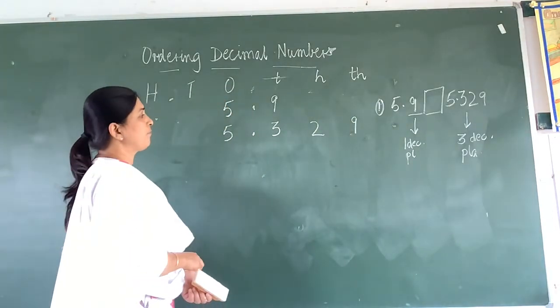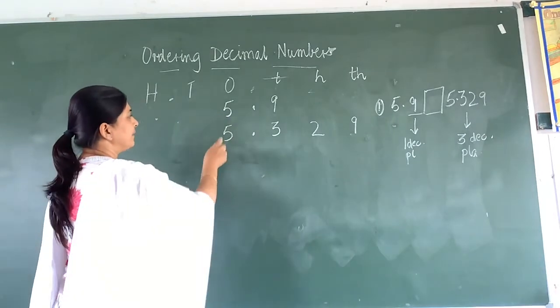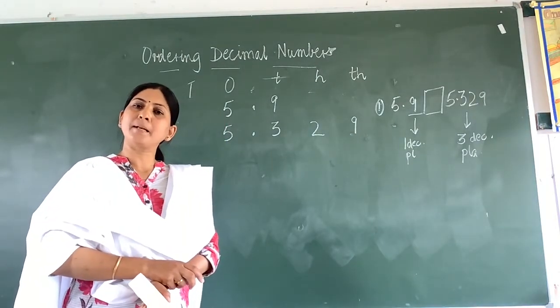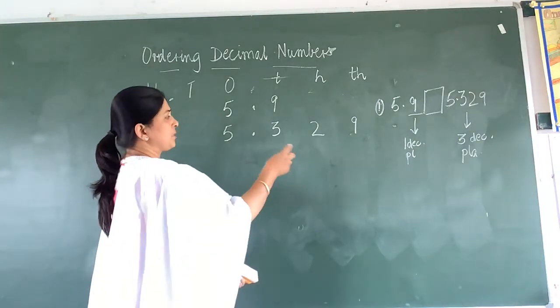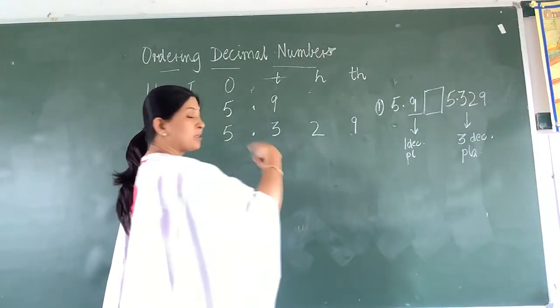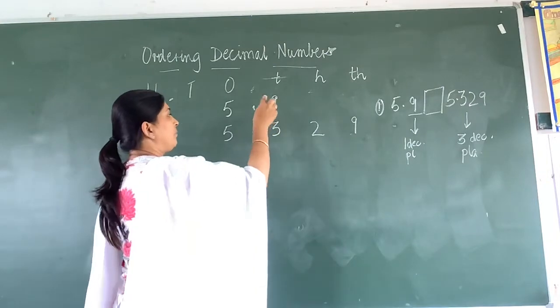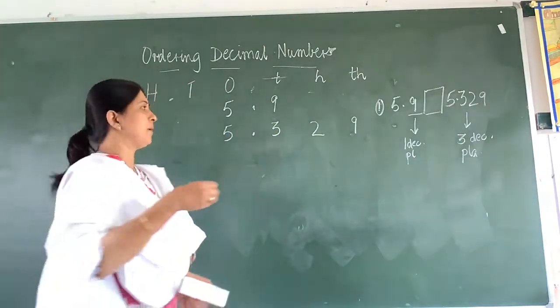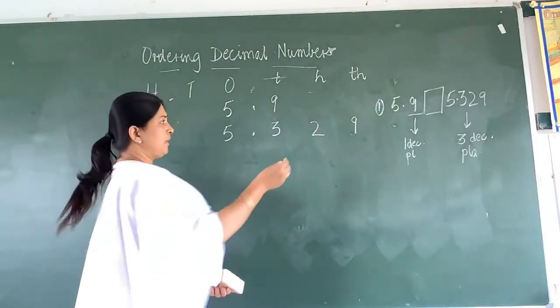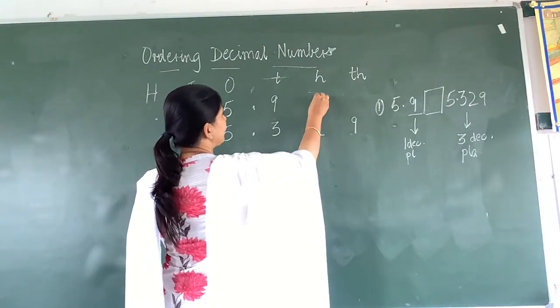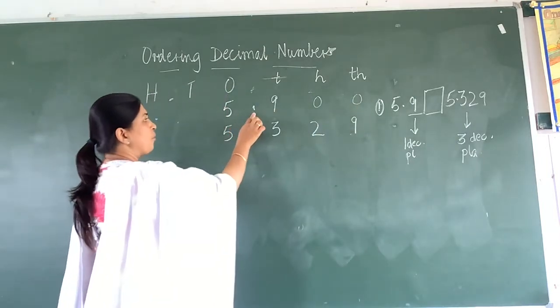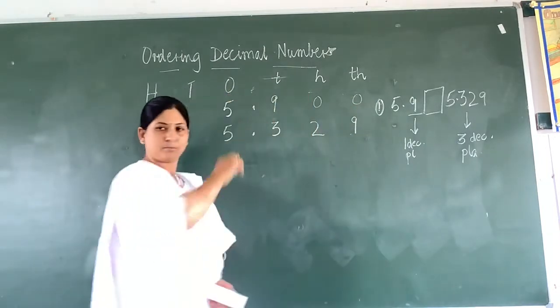So now we see that they are unlike decimals. How do we convert unlike decimals into like decimals? We add zeros. See, 5.329 has 3 decimal places. So we will convert 5.9 also into a decimal number which has 3 decimal places. And how can we do that? If we add 2 zeros after 9, it will become 5.900.